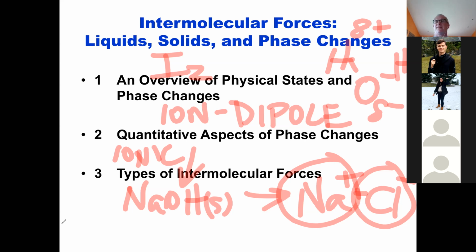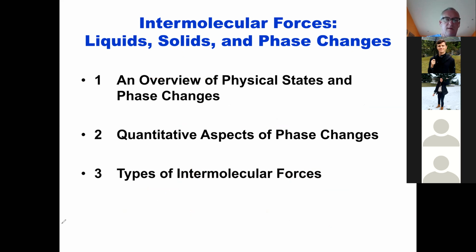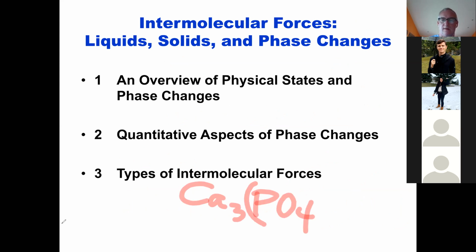Can anyone think of an ionic compound that wasn't particularly soluble that we talked about? I'll give you one. See if you recognize it. Calcium phosphate's really not soluble in water. How come?